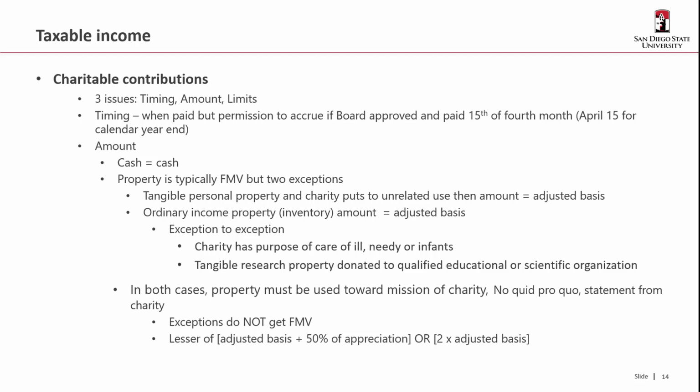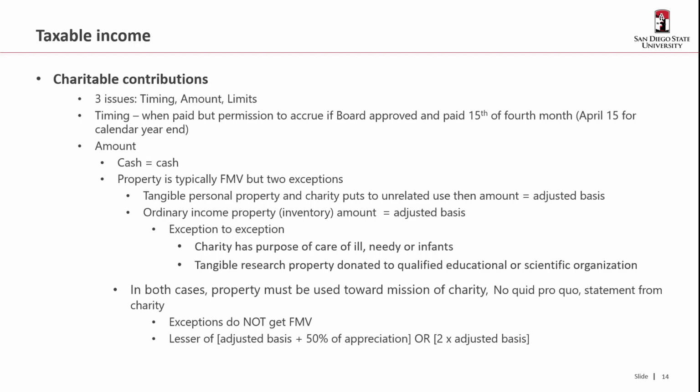In both of those cases, right, so those are rare exceptions. I'm giving inventory to that kind of charity, or I'm giving research property to a school, is really what it boils down to. Then, if that property is in fact used towards the mission of either the charity or research, and there's no quid pro quo, meaning there's not some form of exchange, right?